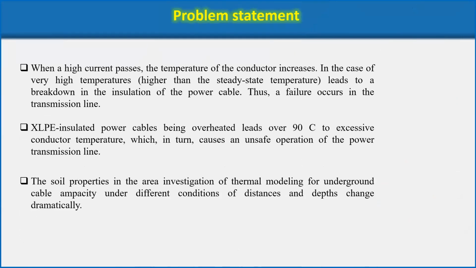When a high current passes, the temperature of the conductor increases. A very high temperature, higher than the steady state temperature, leads to a breakdown in the insulation of the power cable. This failure occurs in the transmission line.